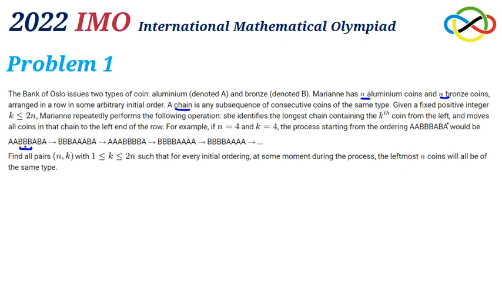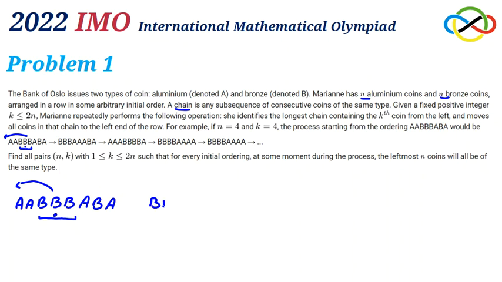Now we should do what? It says, and moves all coins in that chain to the left end of the row. So we move this chain here. So it will be 3 B's, 2 A's, 1 A here, B, A. So let me explain: A, B, B, B, A, B, A. The fourth coin, the longest chain containing that. Now let's move it here.